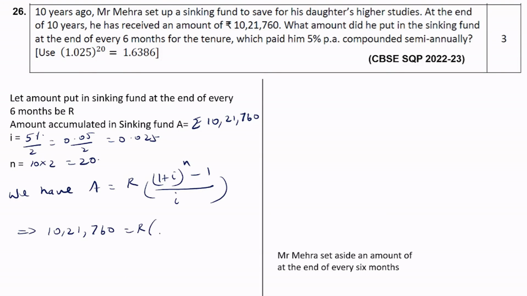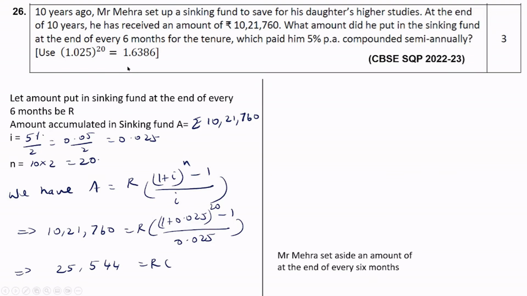This is equal to R into 1 plus I, which is 0.025, the whole raised to N, which is 20, minus 1 upon 0.025. So this implies here if we cross multiply 0.025 into 10,21,760, we get 25,544.